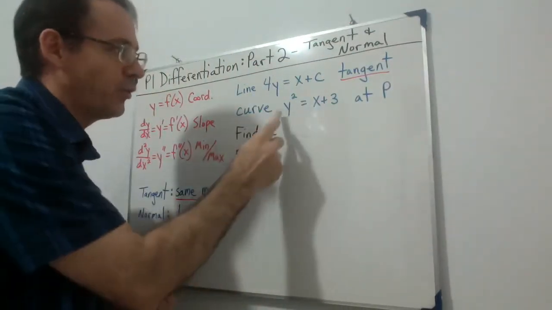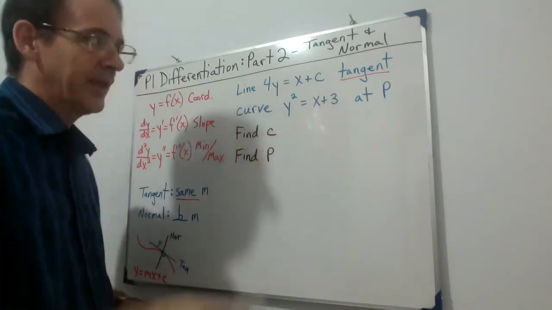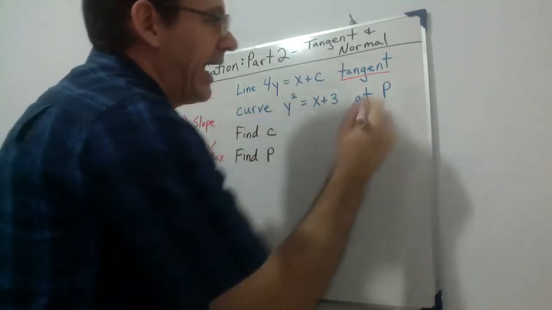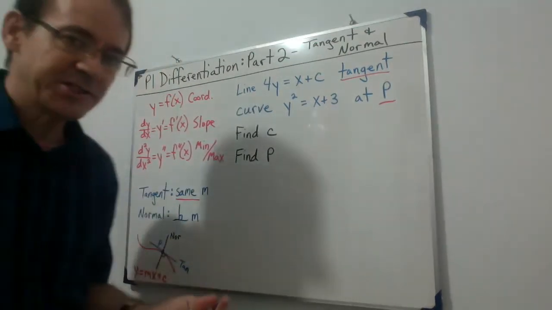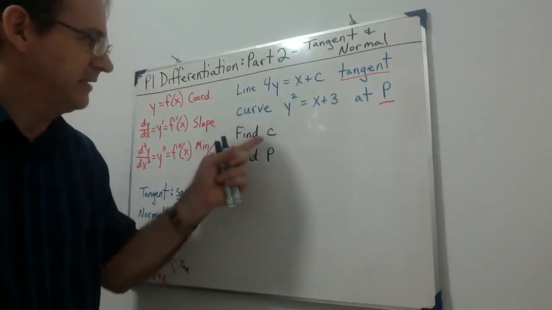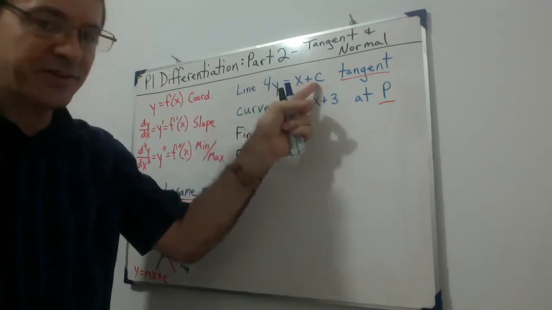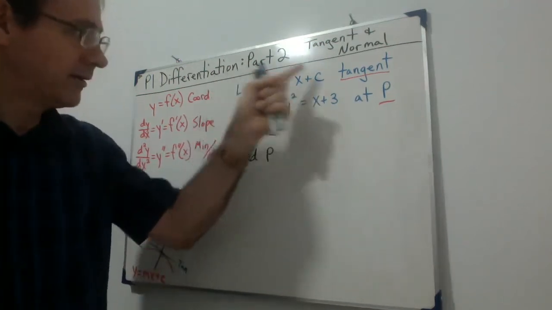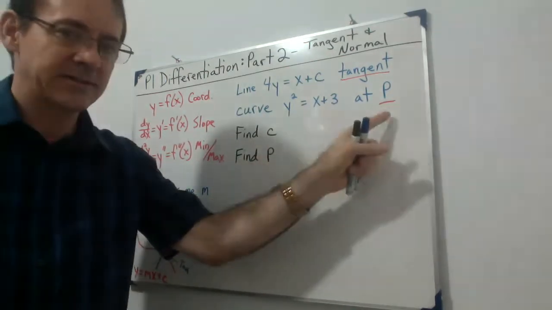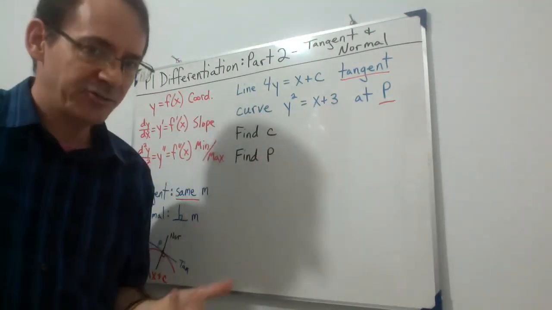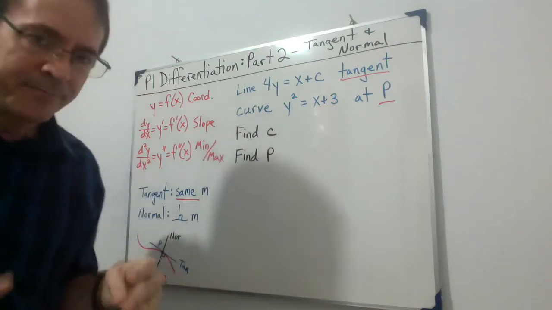The curve is y squared equals x plus 3. And it's tangent at point P. So the instructions tell us to find c, that is this missing value in our linear equation, and also find point P.